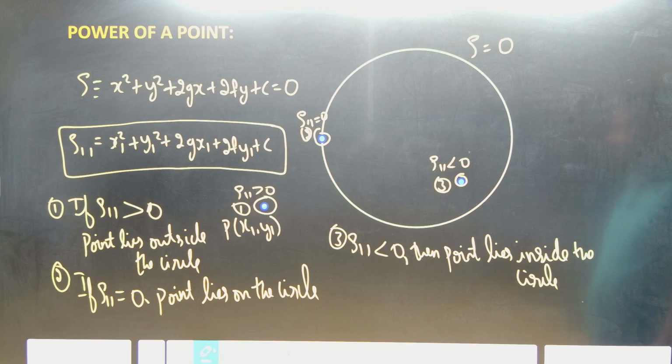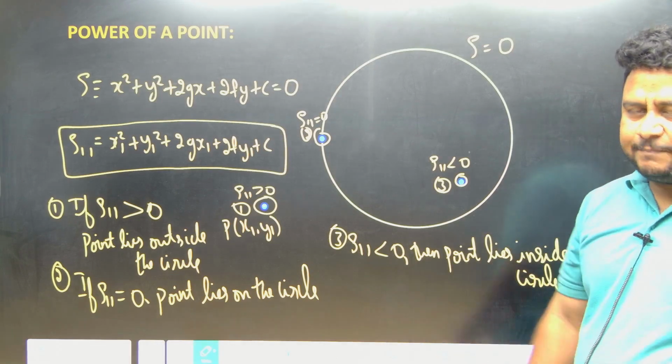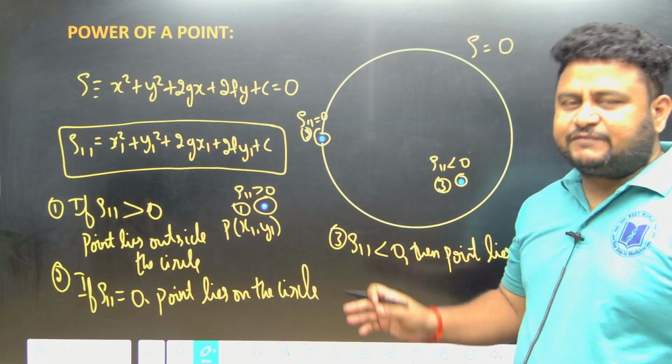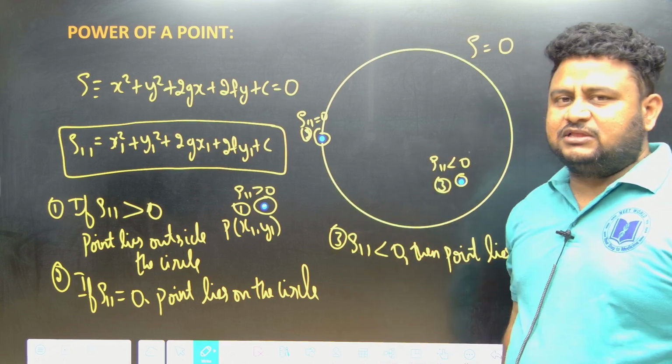So x square will become x1 square, 2gx will become 2gx1, y square will become y1 square, 2fy will become 2fy1, and the constant will remain as it is, plus c. On putting these values you will get some numerical value. If it is greater than 0, that is positive, the point is outside the circle. If negative, it is inside the circle. If it is equal to 0, it is lying on the circle.